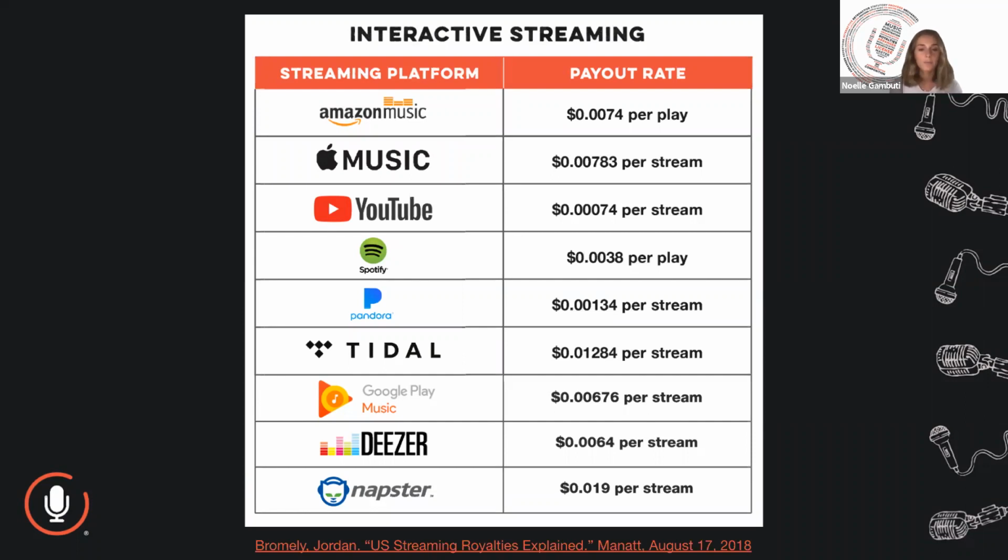Something else that I think is pretty important to mention: a lot of times, even with the Estimator tool, we get questions of why we provide a range of royalties that you would be owed for a specific song. That is because there really is no way to calculate an exact number for an exact number of streams.